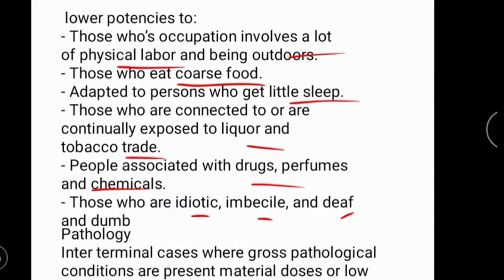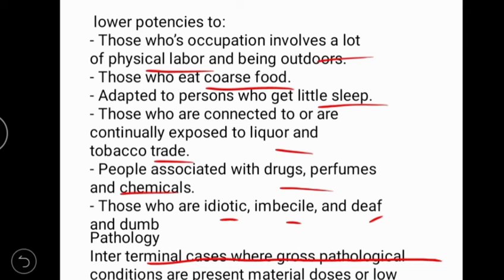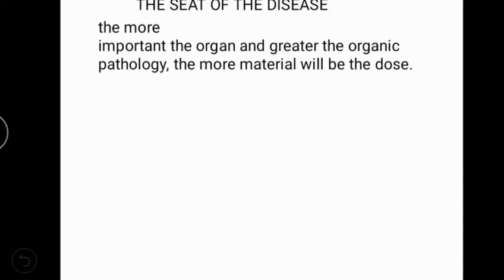So what we discussed applies in intercurrent cases where there are gross pathological changes, when a person has so much fibrolytic change, so much pathology that the constitution, the skin and superficial layer of the body will be damaged. At this time we select lower potency also. Then the seat of the disease.